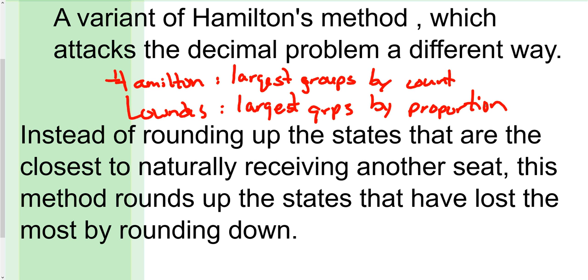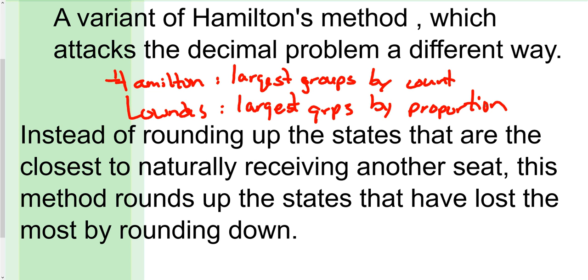In other words, that amount that's different from the whole number of seats. How big of a proportion is that? And the ones that tend to lose the greatest proportion, those are the ones that should go up rather than down.